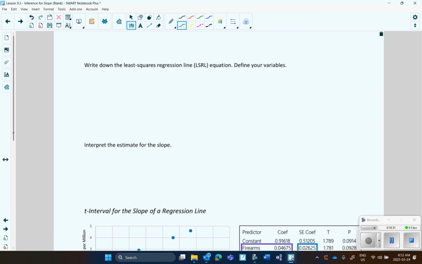Now, another thing we did is we came up with an equation for the line that we're using to fit the data, called the least squares regression line. This was the general formula, y hat equals a plus bx, where this was the predicted y, not the actual y. This was the y-intercept.